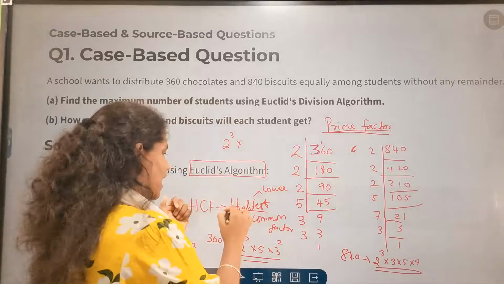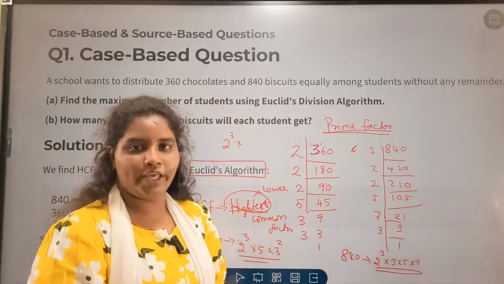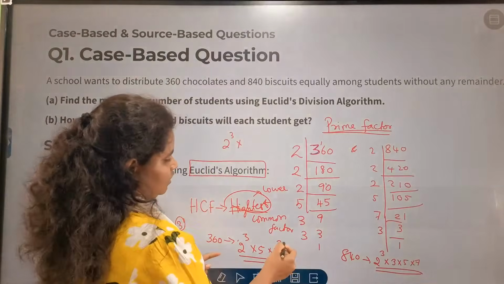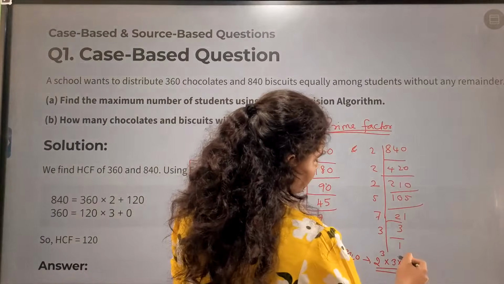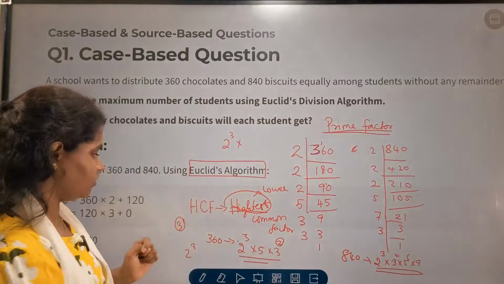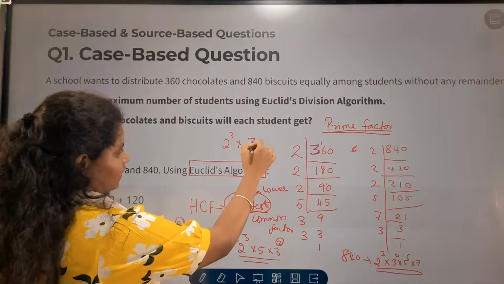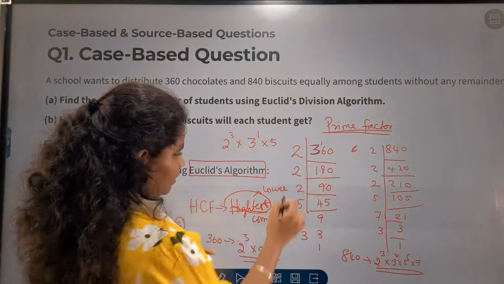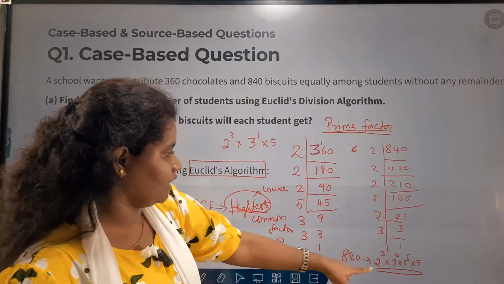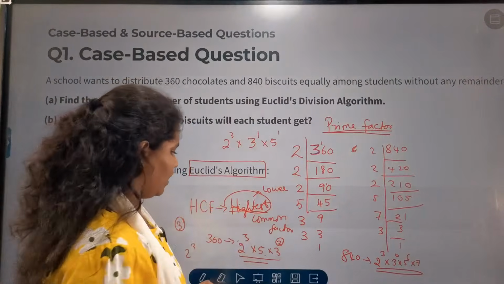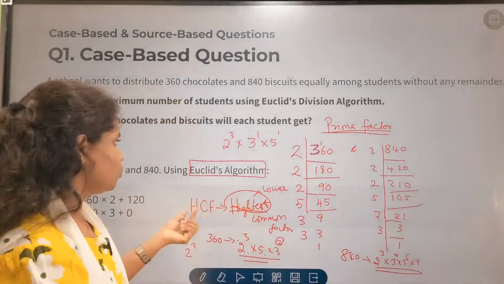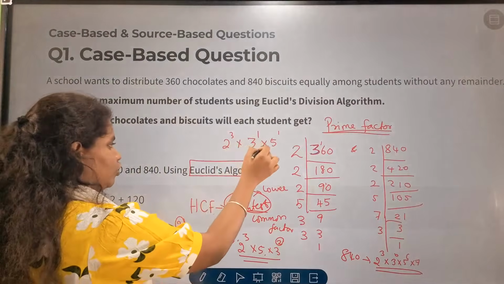Here we have to write the lowest, and 1 is smallest, right? So I'm going to write 3 power 1 into 5 power 1, since here it's 1 and here it's 1. We have to write only the common numbers. So 2 cube into 3 into 5.